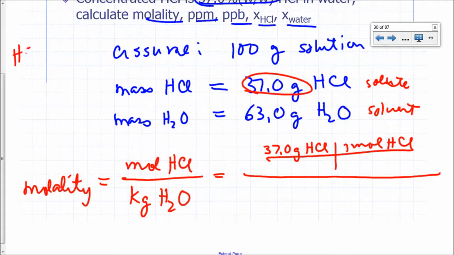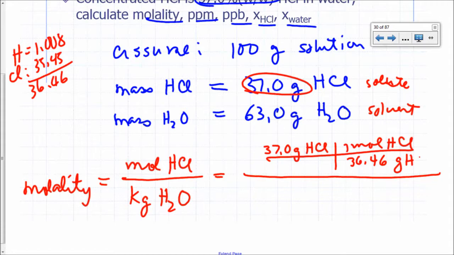H is 1.008. Chlorine is 35.45. So it's 36.46. So HCl is 36.46 grams per mole. Okay. So that gives you moles of HCl in the numerator.